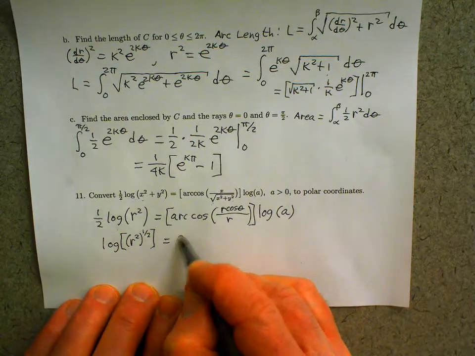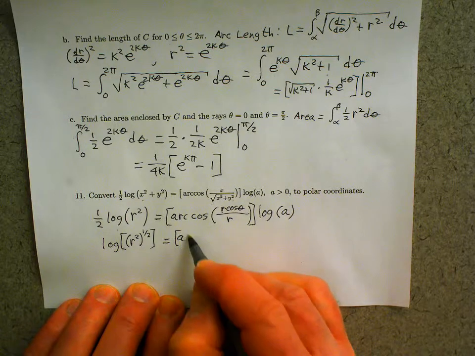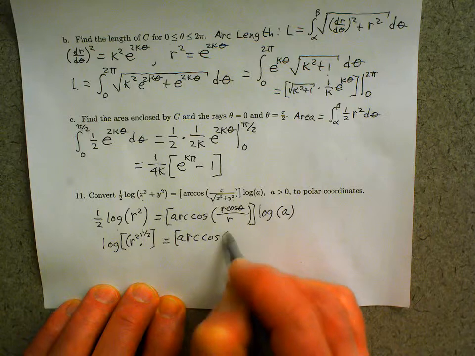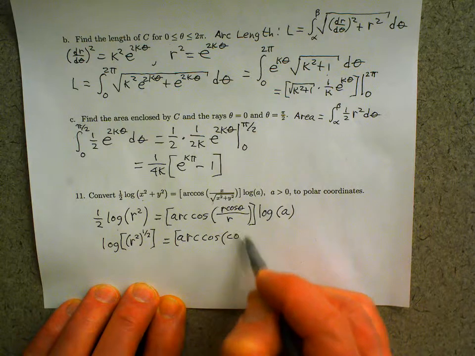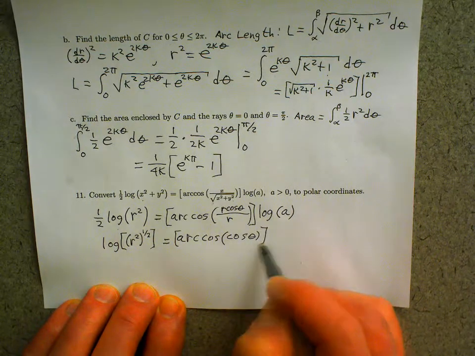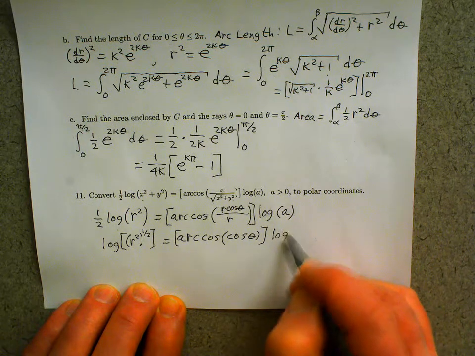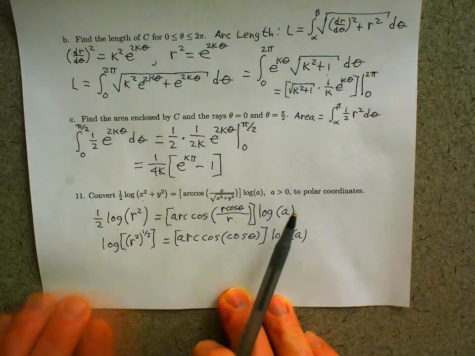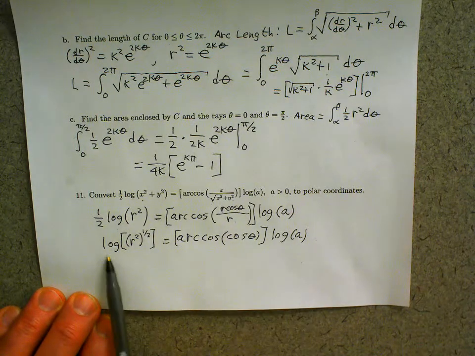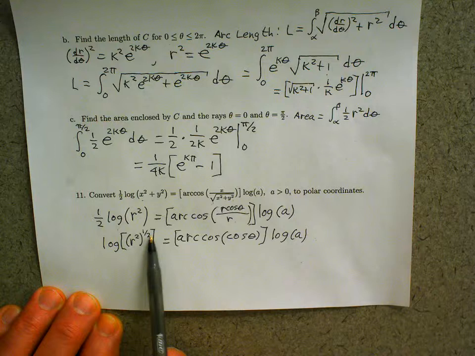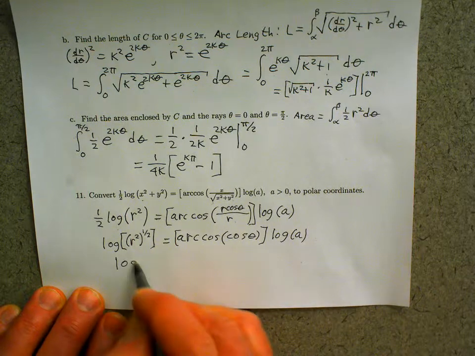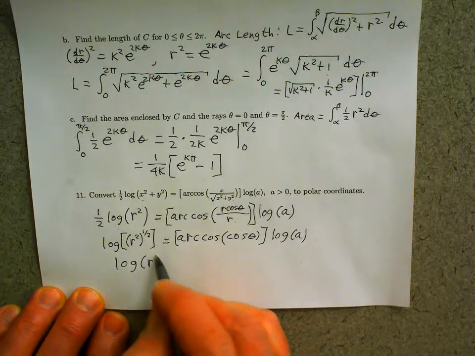And then we have the arc cosine of cosine of theta times the logarithm of a, because the r's cancel. For the logarithm of r to the second to the 1/2, using a property of exponents, we multiply 1/2 times 2, so we just get the logarithm of r.